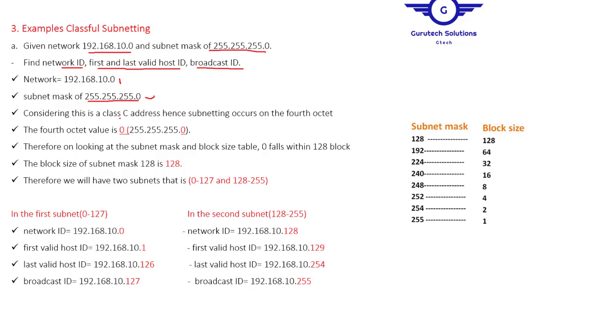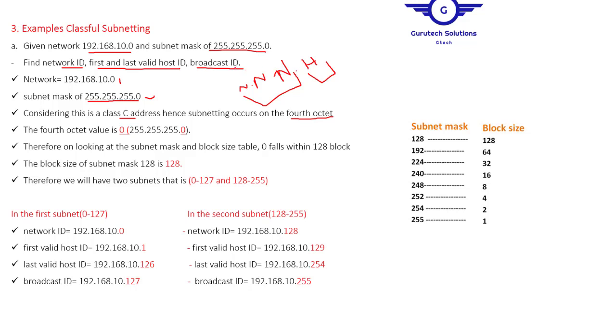Considering this is a class C address, subnetting occurs on the fourth octet. You could remember in a class C address there was something like n dot n dot n dot h, and we realized that the first three n's represented the network portion while the last h represented the host portion.